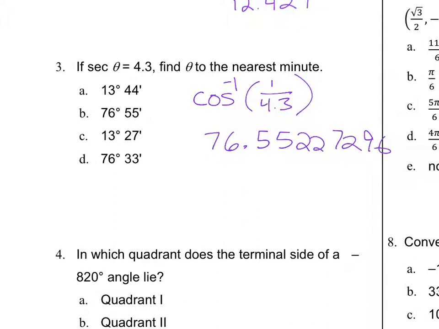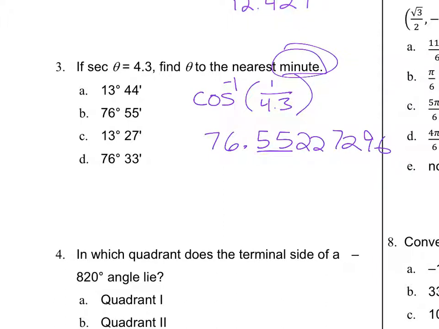Notice it says to the nearest minute, so it can't be the one with the 5, because that's decimal, not minutes. So what we do is we subtract 76 from 76.55 and we get just the decimal portion. We multiply that by 60.